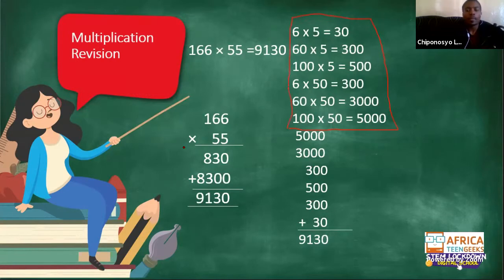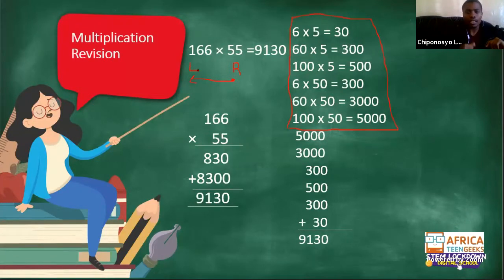This is the method that we use. We're moving from right to left, from the right-hand side to the left-hand side, so that I can clear it up for everyone. That's the first thing you must look at.